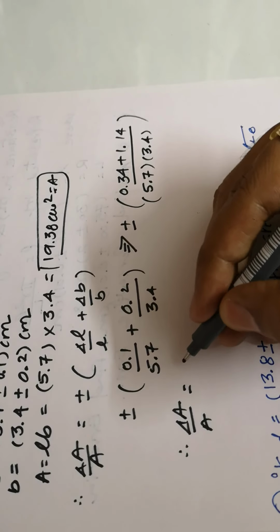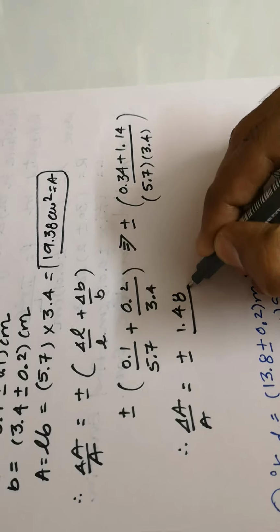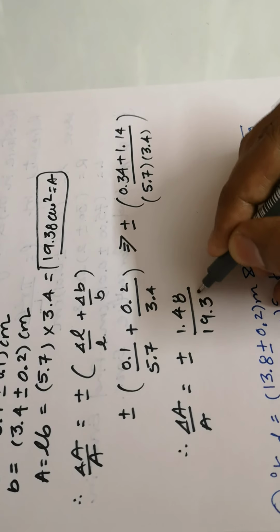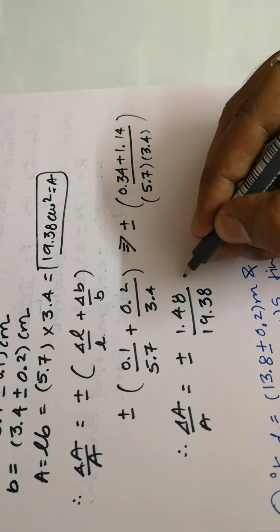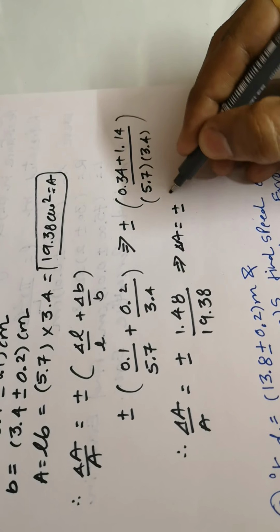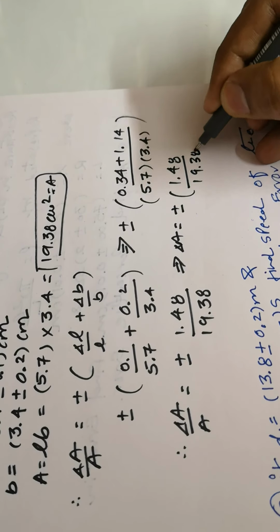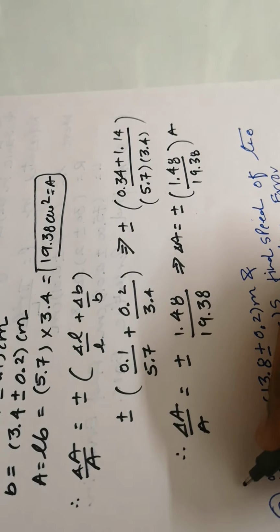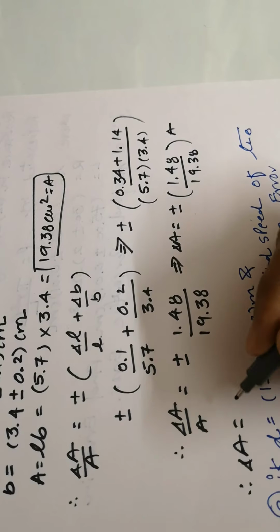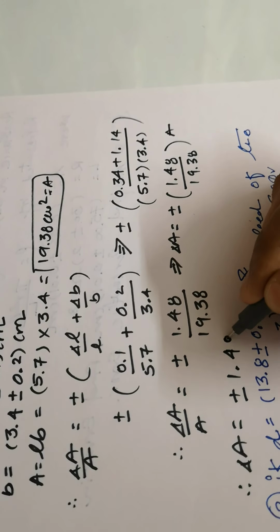Delta A by A is equal to plus or minus 1.48 divided by 19.38. I want to find delta A, so delta A equals plus or minus 1.48 divided by 19.38 multiplied by A. So delta A is equal to plus or minus 1.48.